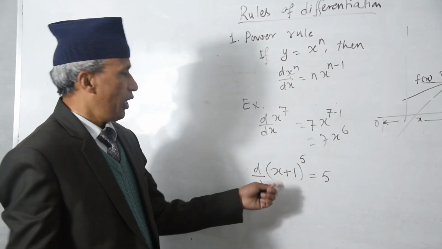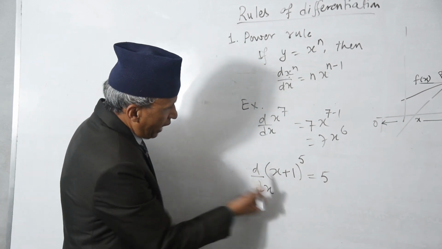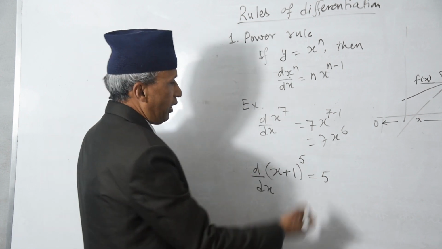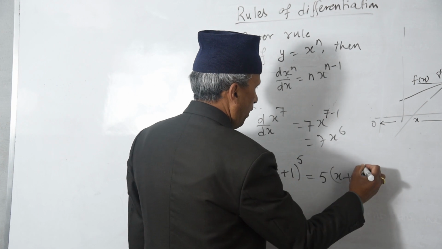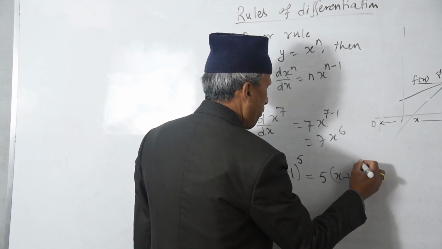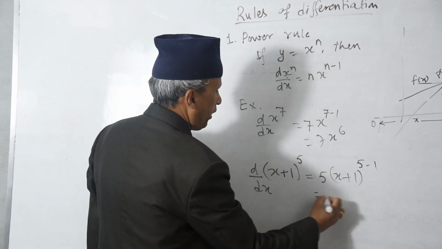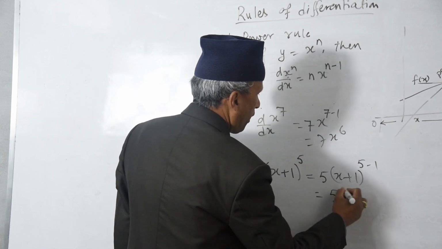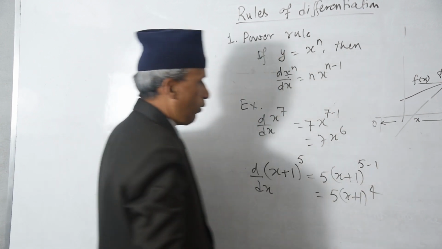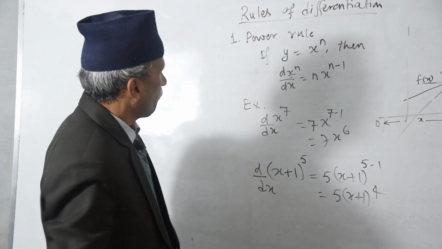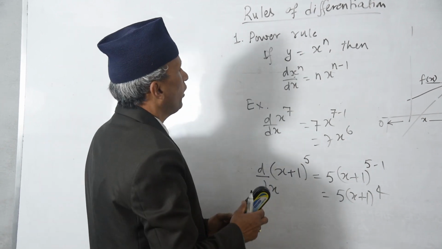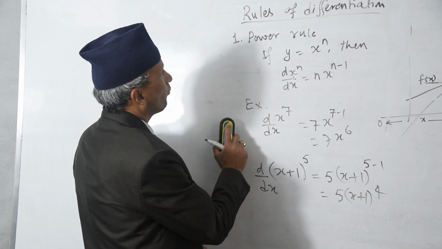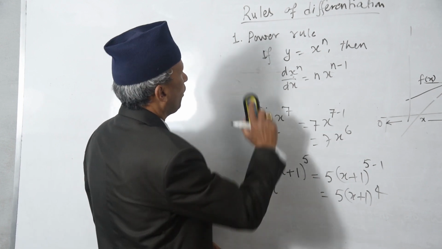Later on we will be using the chain rule if there are some coefficients with x, but in this case you can just use 5 times x plus 1 to the power 5 minus 1, that is 5 times x plus 1 to the power 4, okay. So we'll be talking about other cases in the chain rule, okay.